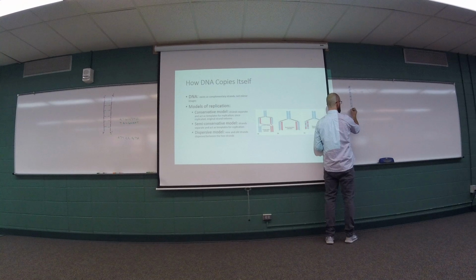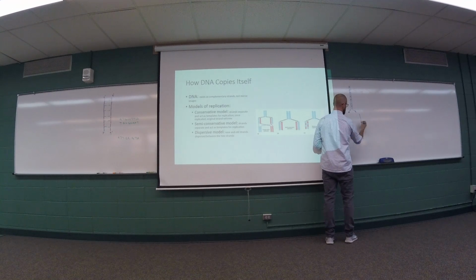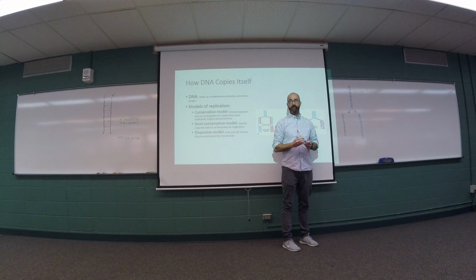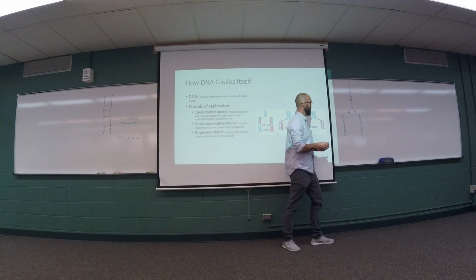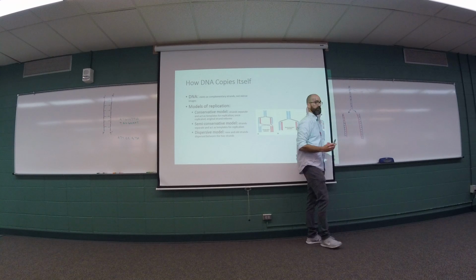So they're going to separate like this, and allow our cellular machinery to make a complementary strand on the other side of it. So that at the end, it's going to look like this. And this red strand represents some new daughter DNA.